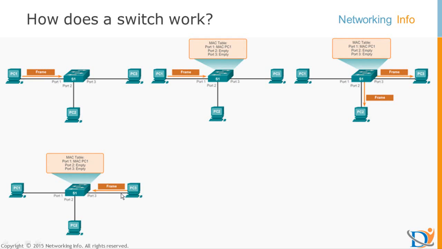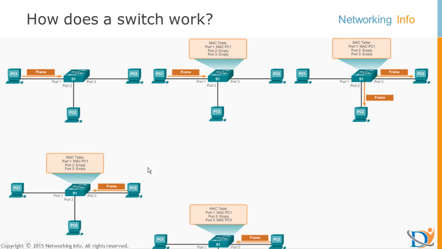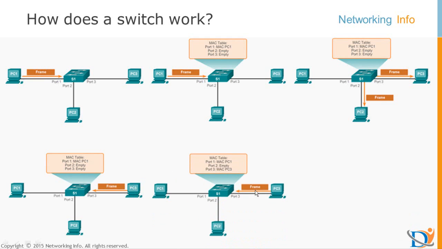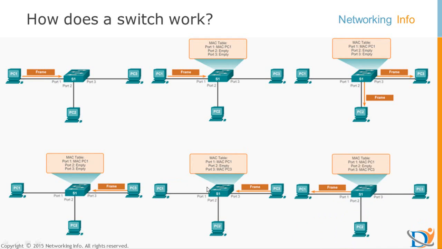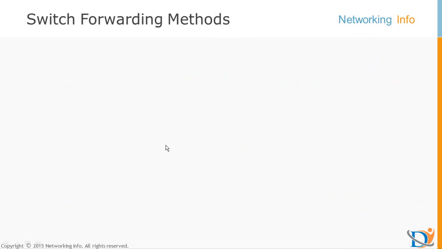The frame I am referring to as data. The frame comes back to the switch. Now the switch knows the MAC address of PC3 and the MAC address of PC1, so it sends unicast. It's not going to broadcast the traffic. That's how the switch updates the MAC address table and forwards the packet based on the MAC address table.